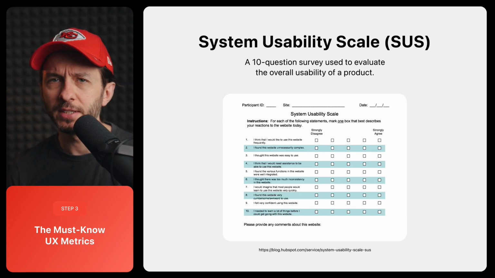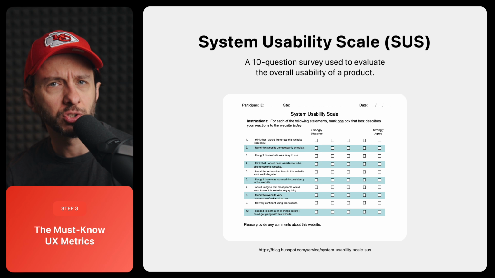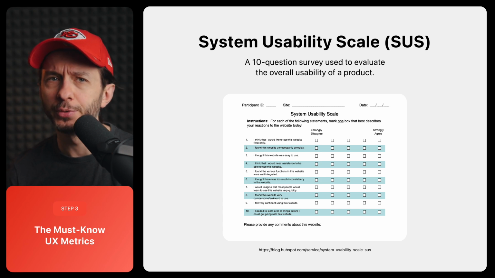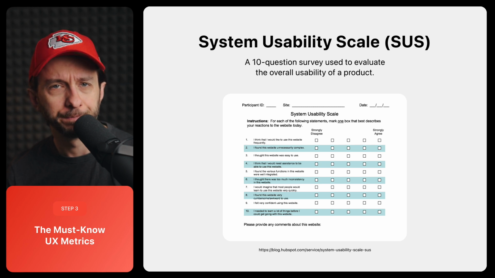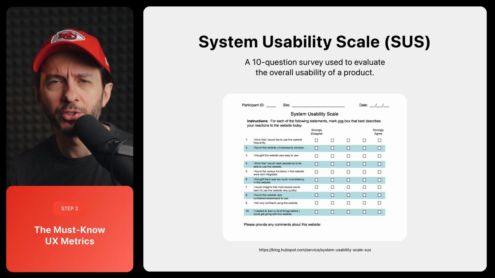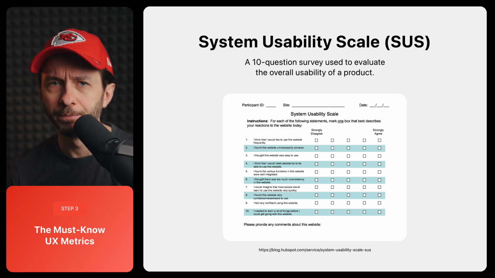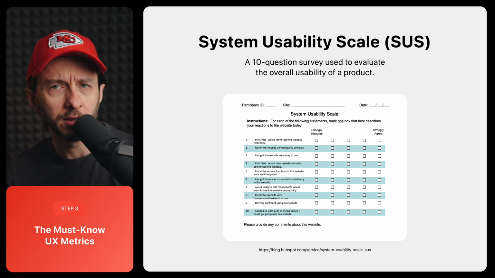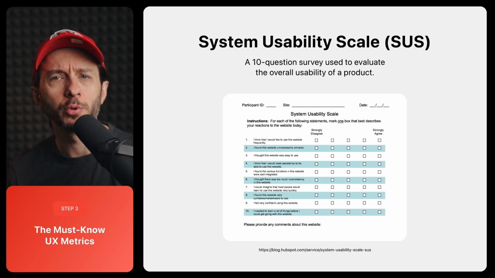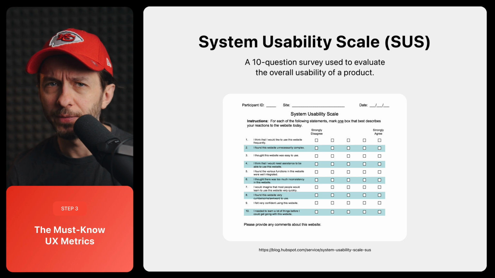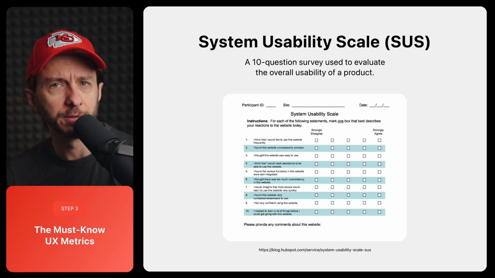System Usability Scale, a 10-question survey used to evaluate the overall usability of a product. Why it matters? A standardized way to measure perceived usability. Benchmark, aim for 80 and more out of 100. Example, if your product scores 50, users find it frustrating to use.